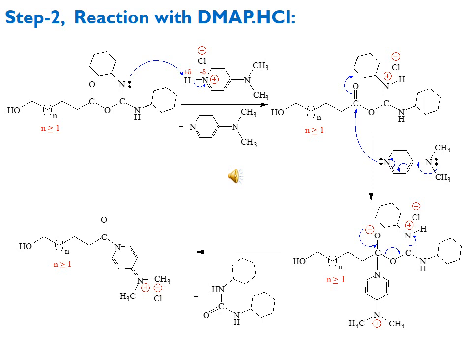If you see keenly in this step, we have attached this nitrogen on the carbon of the C double bond O functionality, and in the pathway to the product, the side product, substituted urea, is removed.